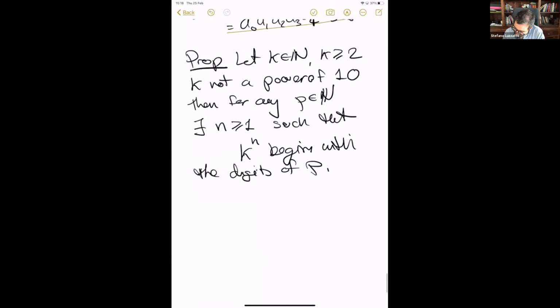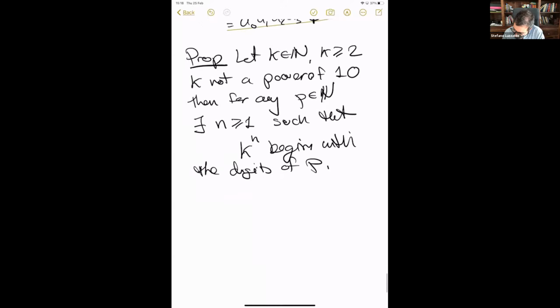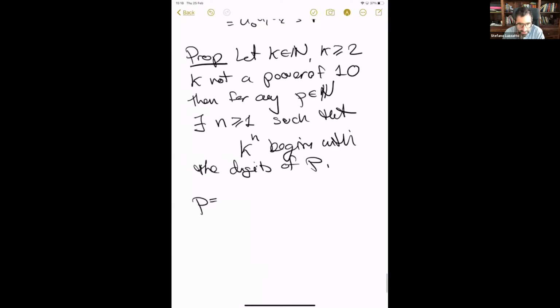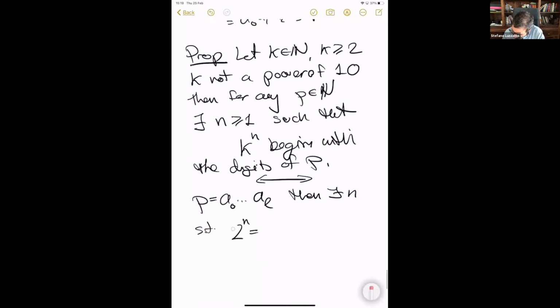Right, so like we said before, suppose we write p equal to a0 to al, then there exists n such that k to the n is equal to a0 to al, al plus 1 to am.